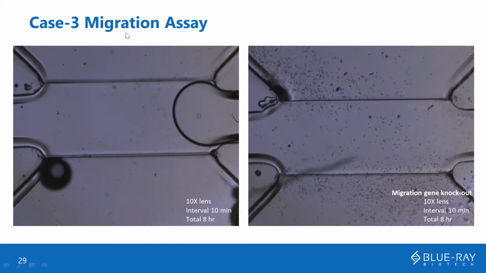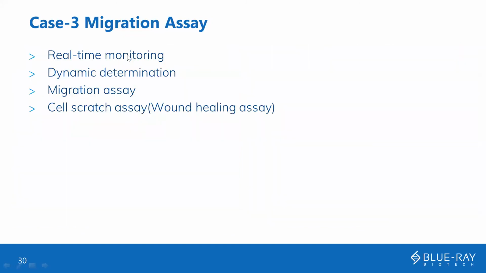Okay, so this is a very important tool for Dr. Chi, because a few days ago, we just received the news that this paper was being published. For the migration assay, you need real-time monitoring and dynamic determination. The live cell imaging system is a very good tool for you.